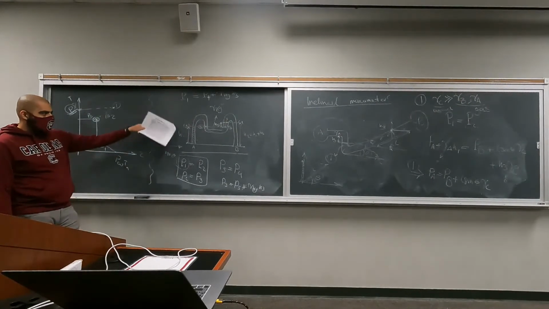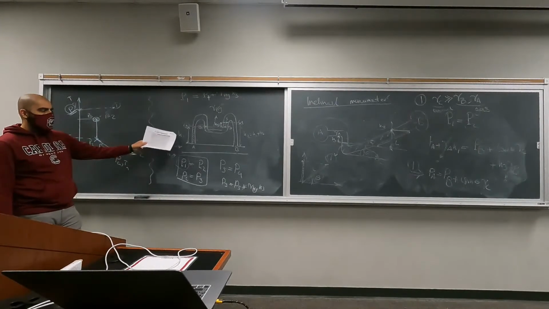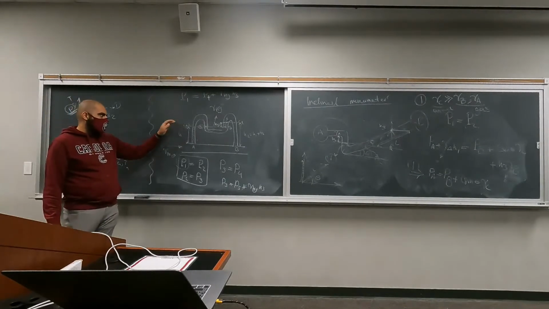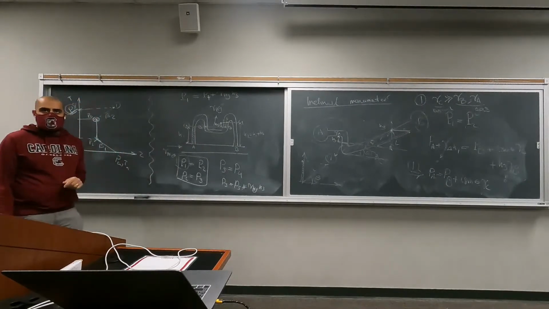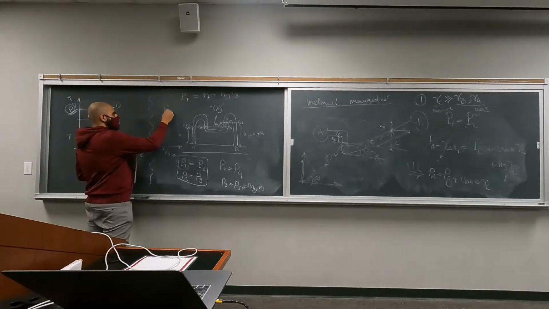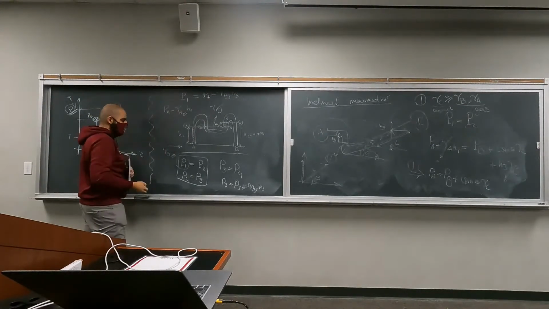But as we go deeper, your pressure increases. So we can write it the other way around: PA is equal to P1 plus gamma of water, H1. So we are going to replace P1 with PA minus gamma of water, H1.